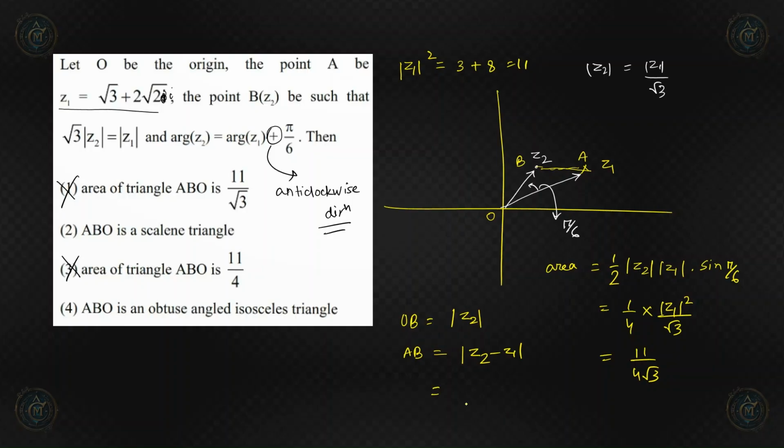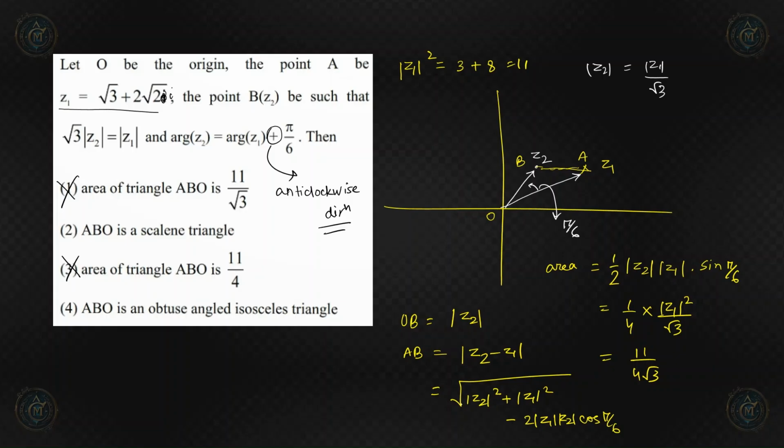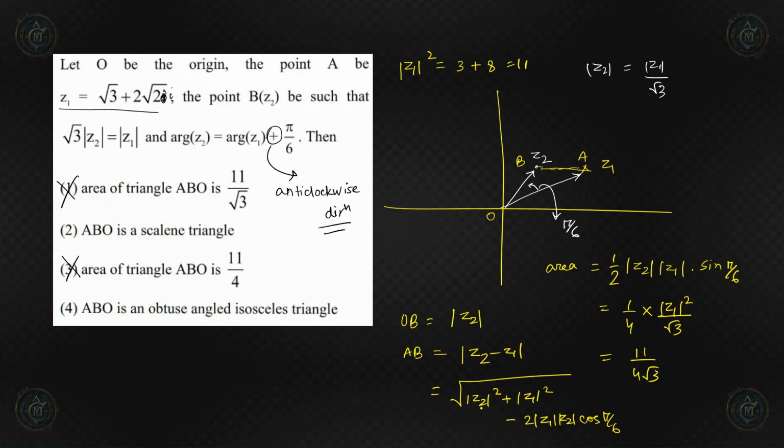For mod of z2 minus z1, we can apply the formula for the modulus of the difference of two complex numbers. So this will be mod of z2 square plus mod of z1 square minus 2 mod z1 mod z2 times cos of the angle between these two vectors, z2 and z1, OB vector and OA vector, that means cos of pi by 6. So let's check this AB: AB becomes under root, mod z2 square.